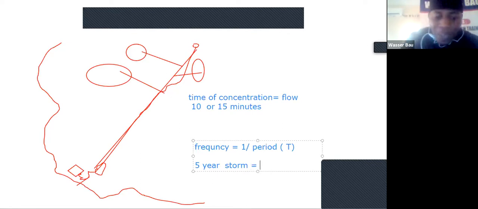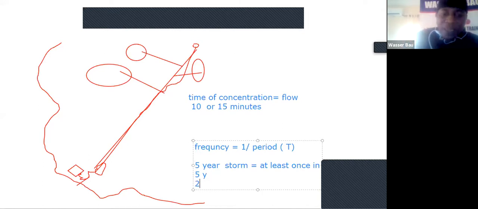It means to happen at least once in 5 years. That's what it means. If I say 25-year storm event, or 25-year flood, or 25-year rain, or 25-year return period, whatever suffix I use, it means the same thing.